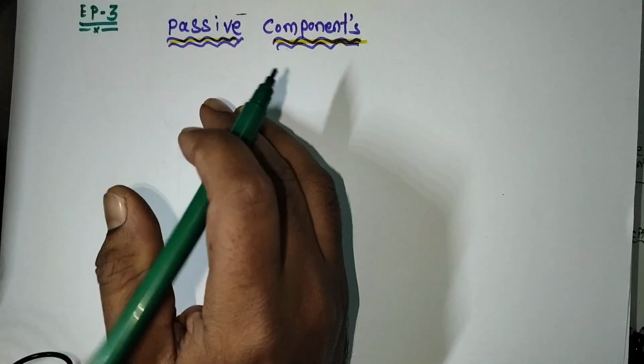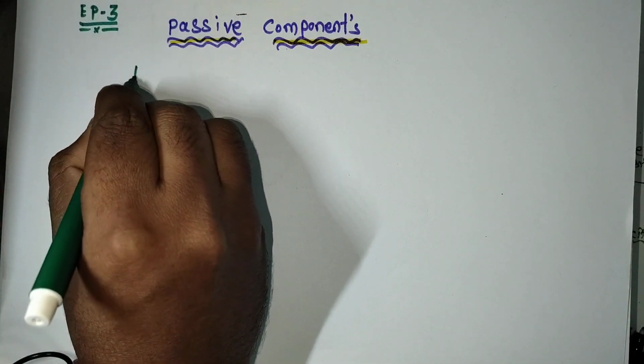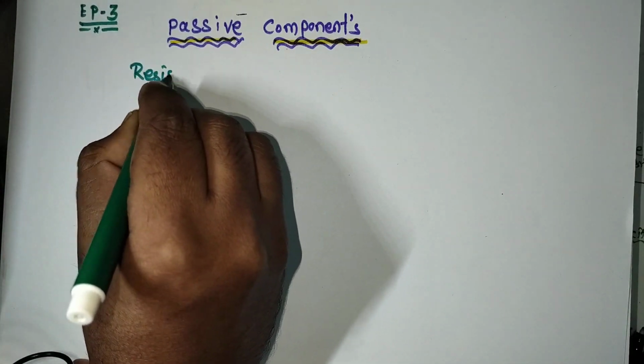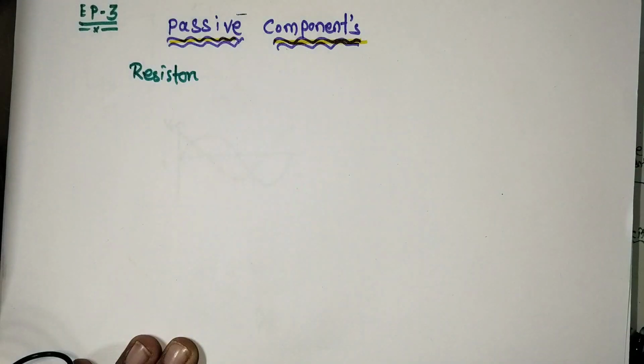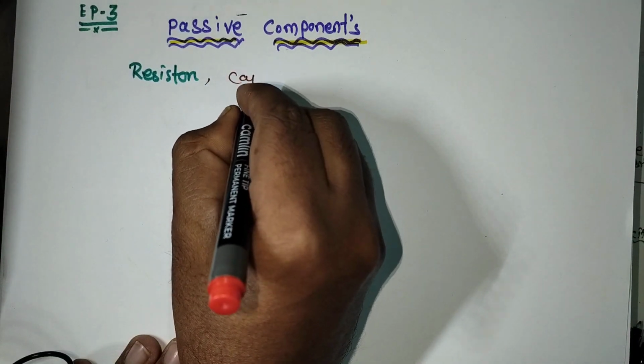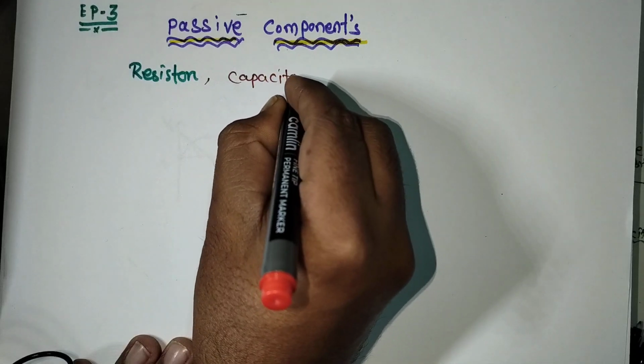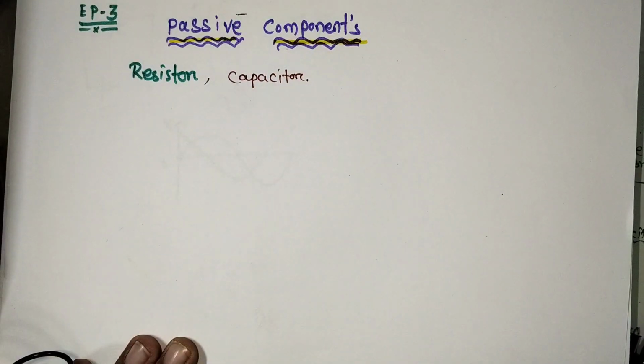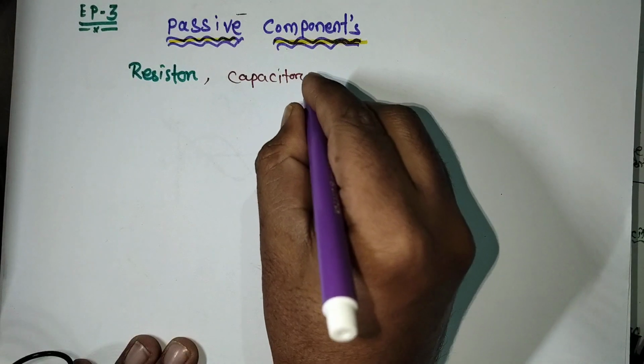What are the three main passive components? The resistor. Second one is the capacitor. Next is the inductor.